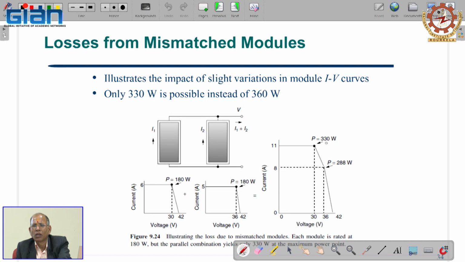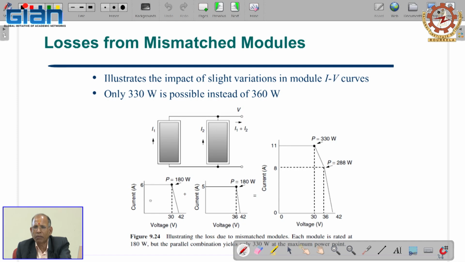For example, one PV panel is giving you 5 amps. Another is giving you 6 amps.